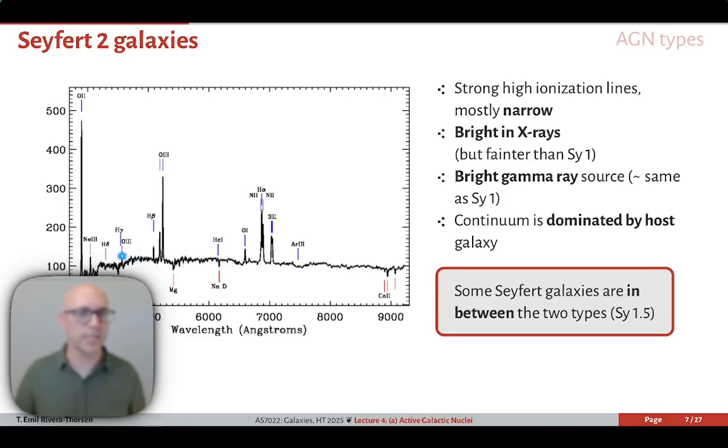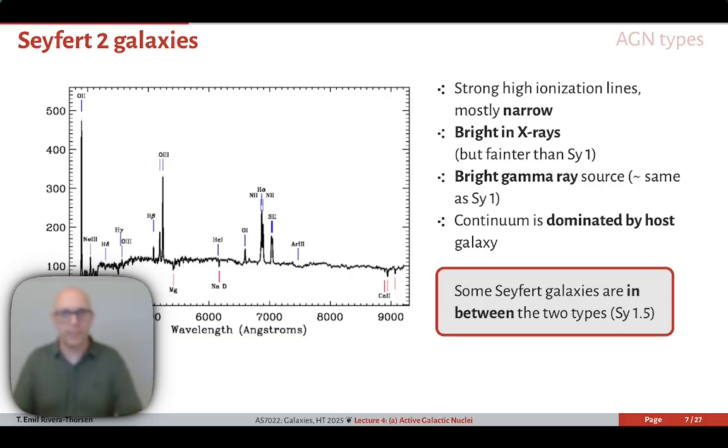You do not see this very strong blue bump that you saw in the Seyfert 1 galaxy, which means that if you look at this Seyfert 2 galaxy in continuum light, you will mainly see the stellar population. It will perhaps be a little bit brighter in the nucleus due to the AGN, but generally the integrated light of the galaxy will be dominated by the stellar component.